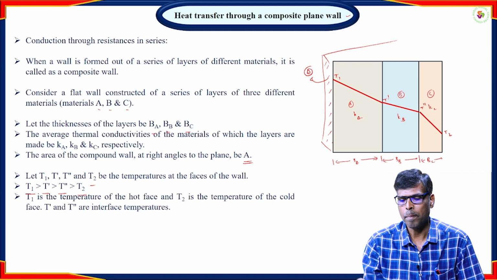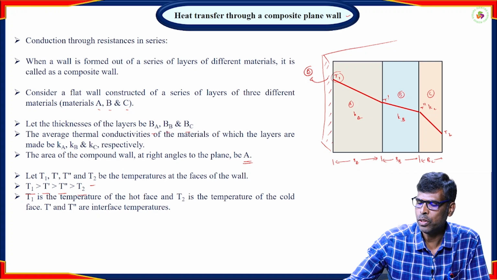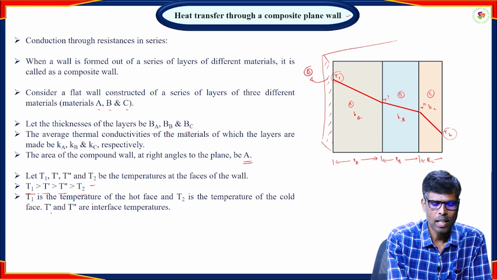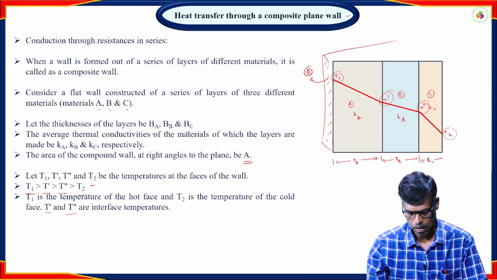T1 is the temperature of the hot surface and T2 is the temperature of the cold side surface. T dash and T double dash are interface temperatures of the composite wall.